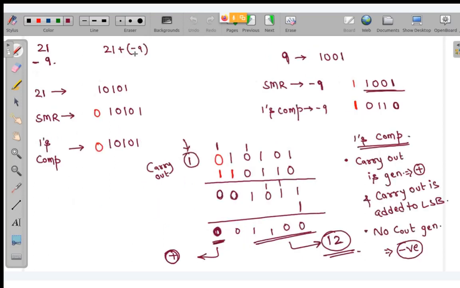Now let me tell you one thing. What was the problem in 1's complement that we had to switch to 2's complement? Just think about it. I will write it over here also: the problem in 1's complement, that we mostly use 2's complement.